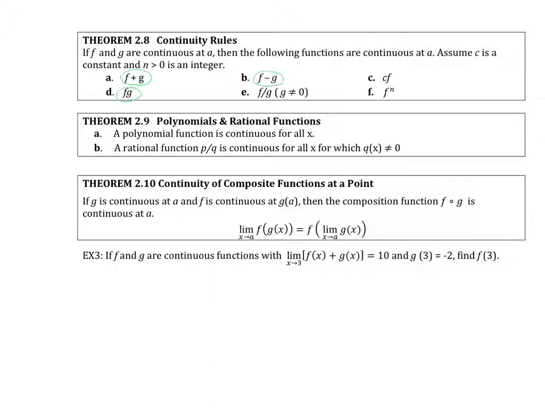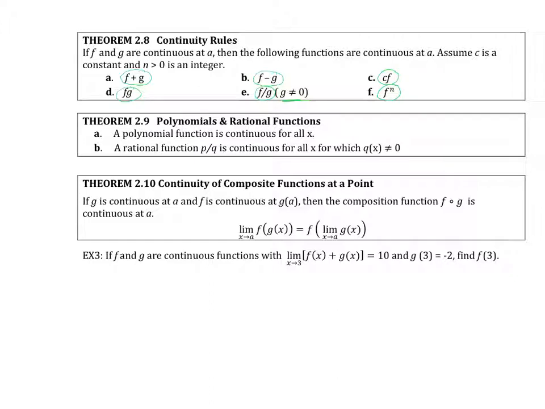If you divide continuous functions, it's going to be continuous, provided that you don't create 0 in the denominator. If you multiply a function by some number, still going to be continuous. If you take a continuous function and you raise it to some power, it's still going to be continuous.